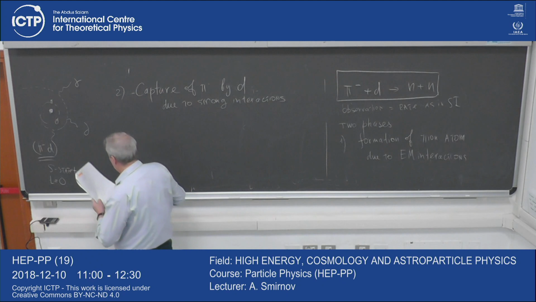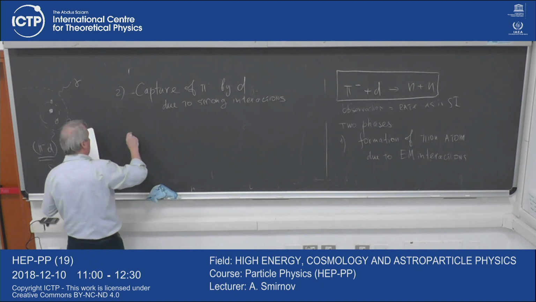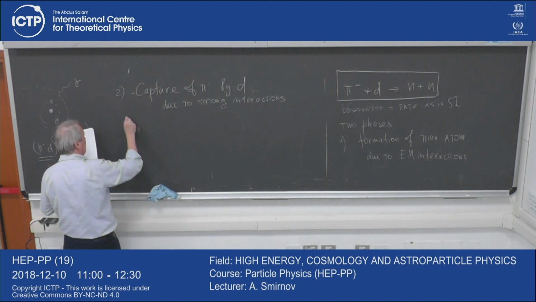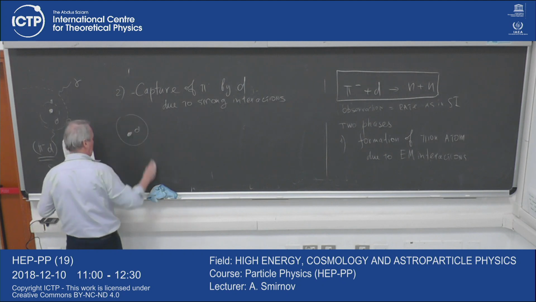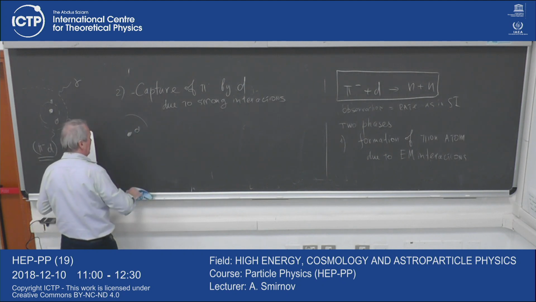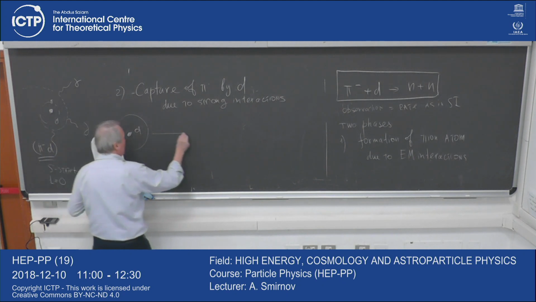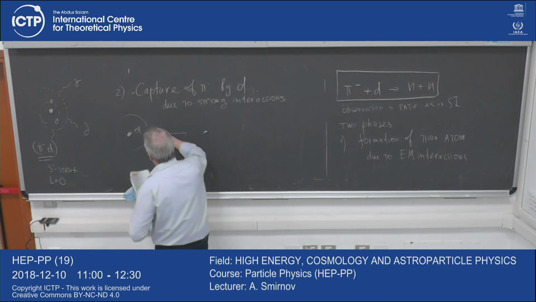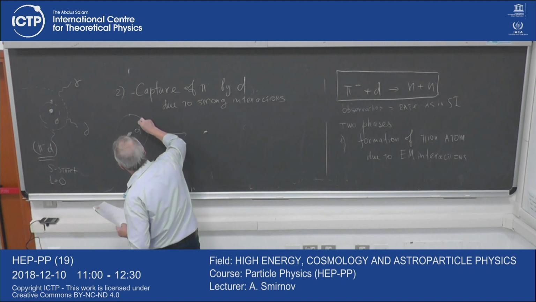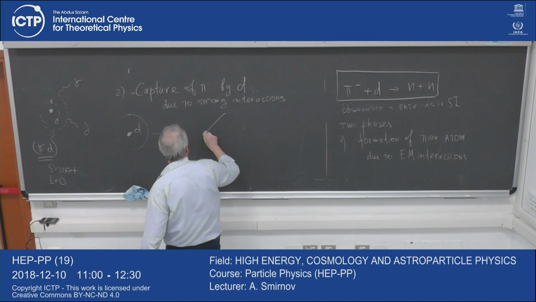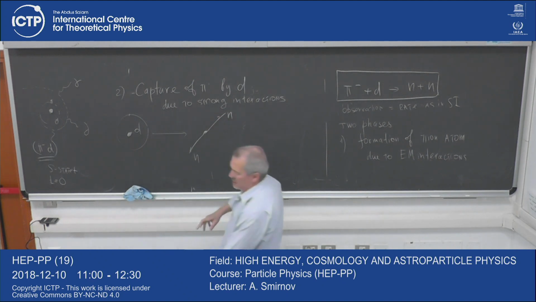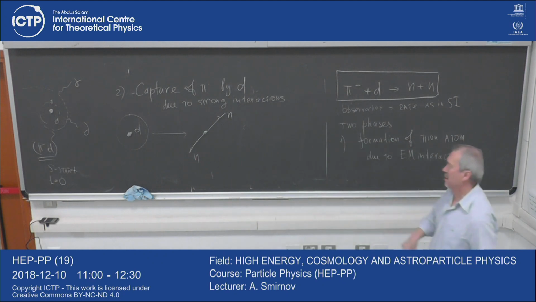So what happens is that you have pion moving around the deuteron, and then the pion is captured and two neutrons are produced, and of course they do not form any composite state, they just go apart from each other.